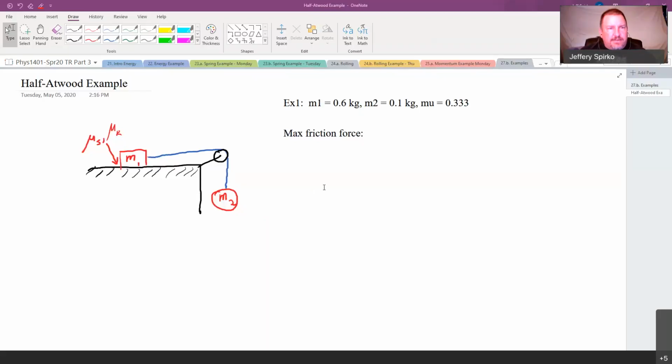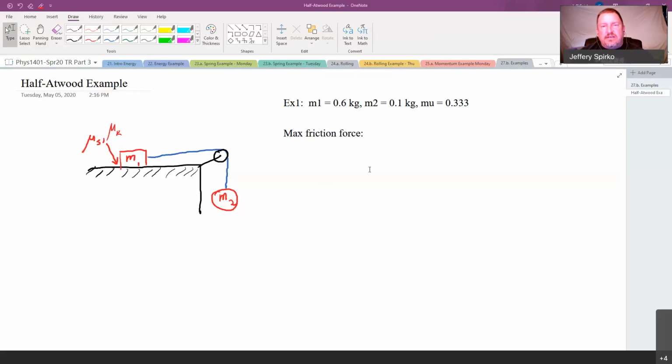All right, I've set up a half Atwood machine with a 0.6 kilogram mass up on the table with some static coefficient of friction, 0.333, and a 0.1 kilogram mass hanging off of the string.